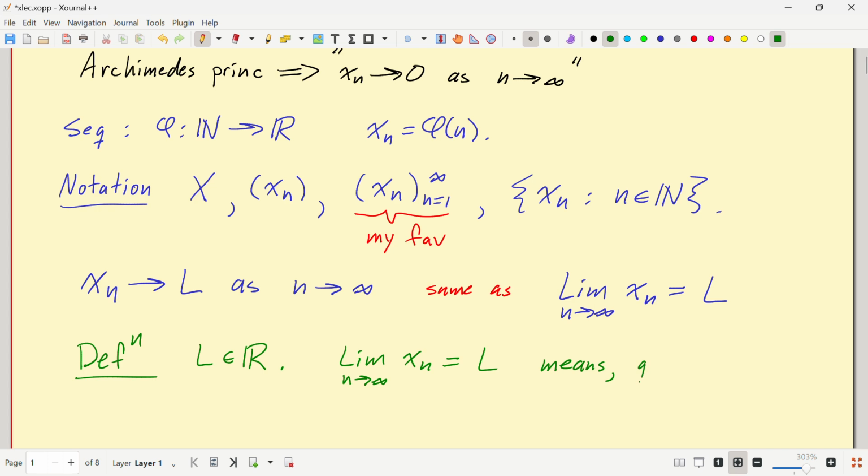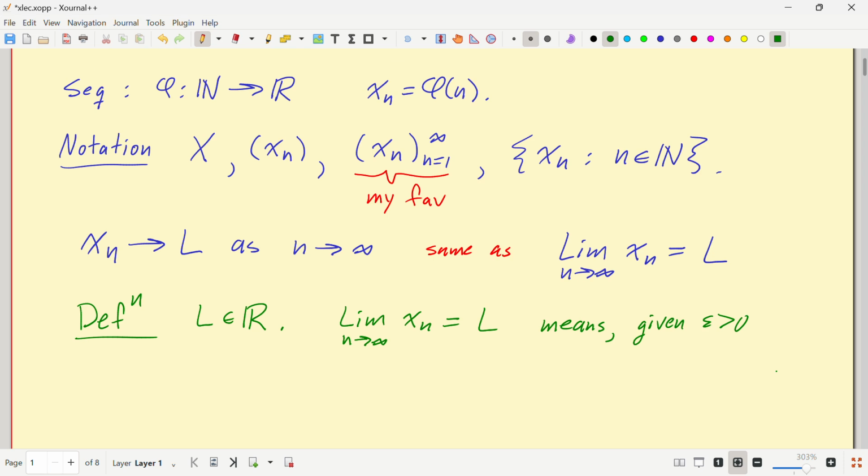given any old epsilon bigger than 0, no matter how small. I like to add that; that's not in the book. It has to be positive, but it could be really small.